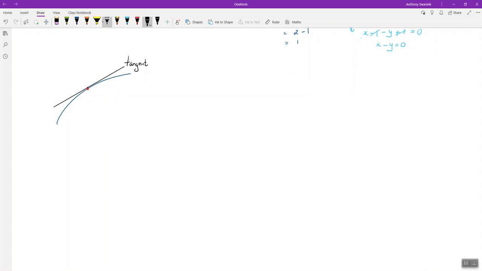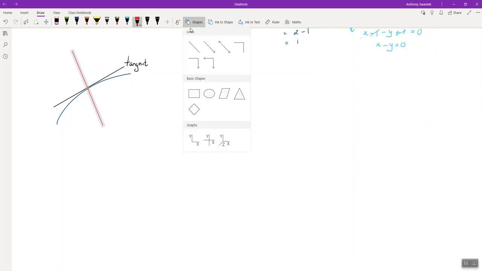Now, what's the idea of a normal line? Well, a normal line is a line which is at right angles to this one. So let me draw that in. What I want to do is just indicate that these two lines here are at right angles to each other.